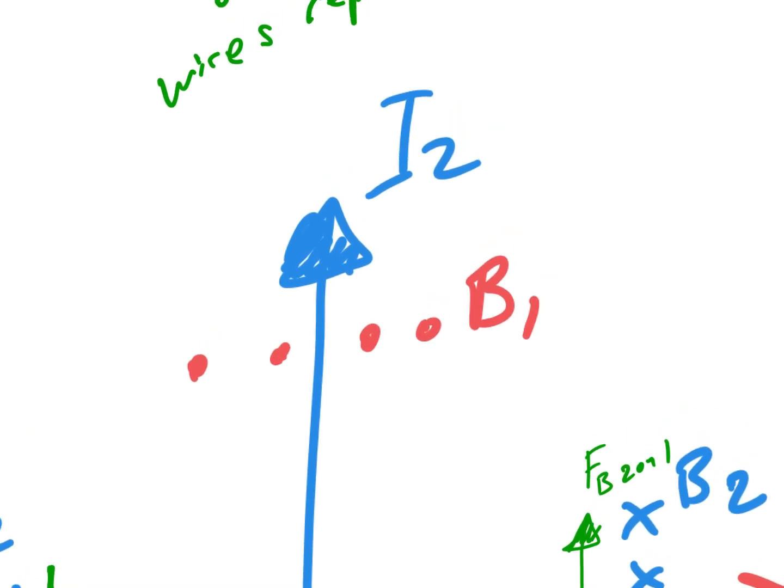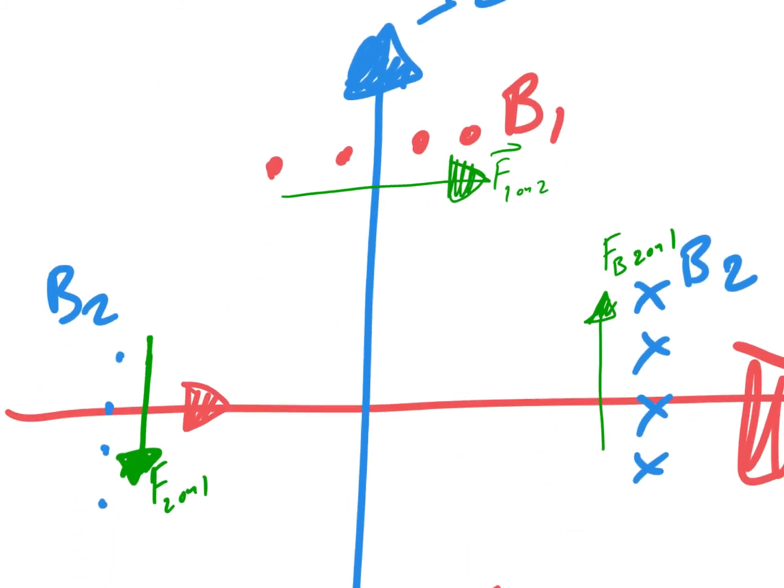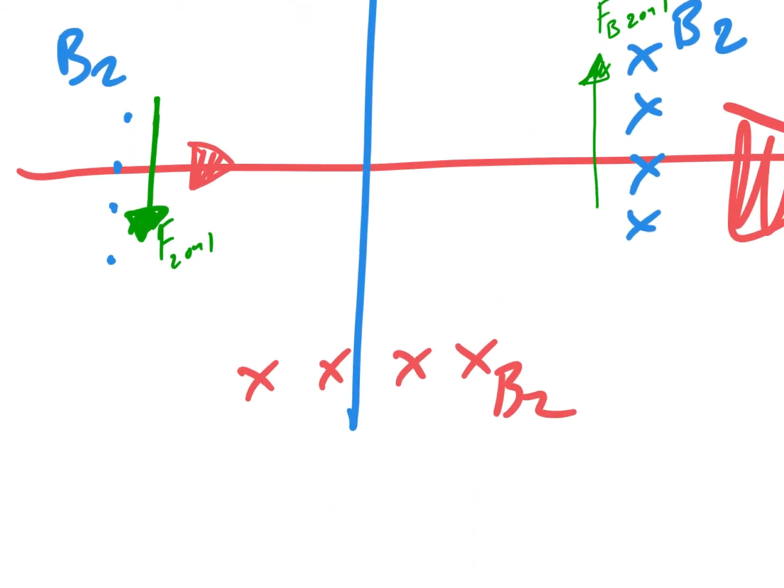Up top, current going up the page, magnetic field pointing out of the page. So I'm looking at my palm right now, with the force being to the right, because that's the direction of my thumb. That's the force of 1 on 2. On the other side, current is still going up the screen, and my palm should be into the page.